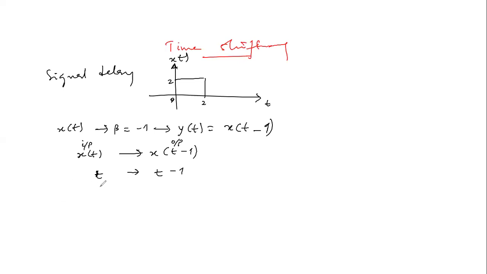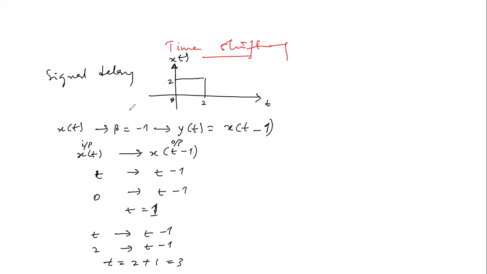So when t is 0, we have t minus 1, so t is equal to 1, right? And when t is 2, we have t minus 1, so that will be 2 plus 1, which will be 3, right?